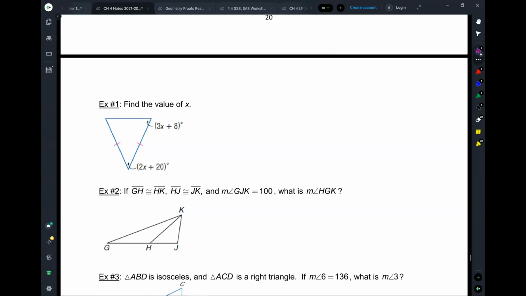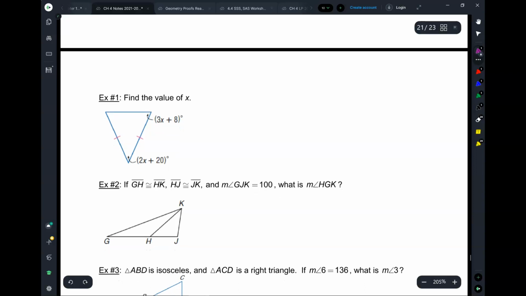Let's take a look here at what we have. We need to find the value of x. At first glance, you look at this and you say, oh, isosceles triangle. That means the two base angles have to be congruent to each other. So if that one to the top right is 3x plus 8, then so is this one, 3x plus 8.